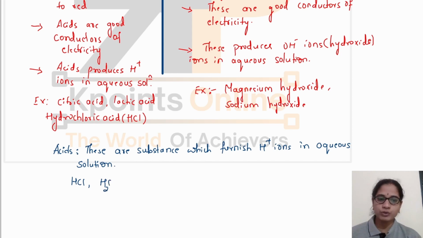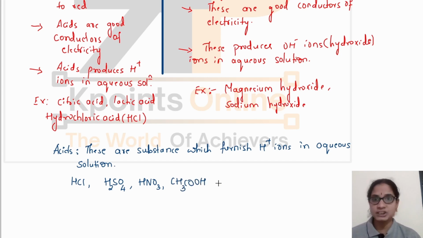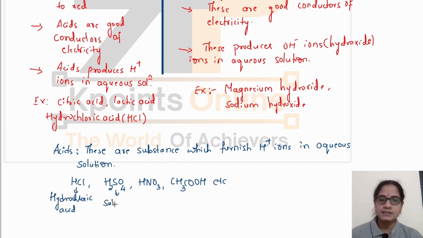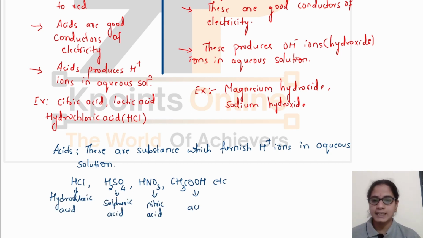Then H2SO4 is also an acid as it furnishes H+ ions in aqueous solution. HNO3, nitric acid. This is acetic acid. It also produces H+ ions in water. These are some examples of acids: hydrochloric acid, sulfuric acid, nitric acid, acetic acid.